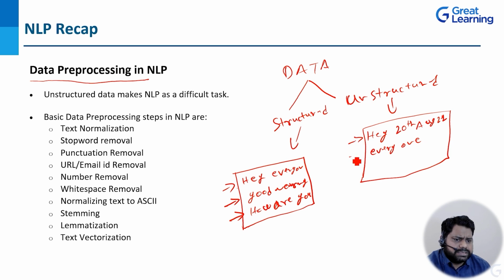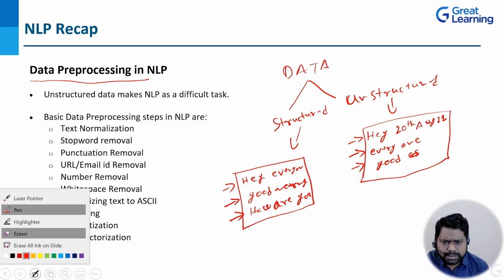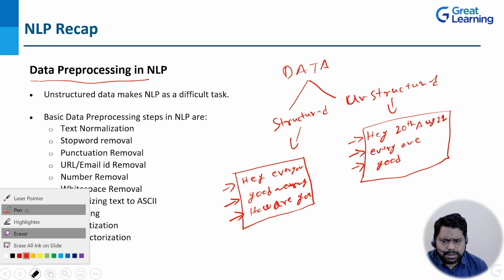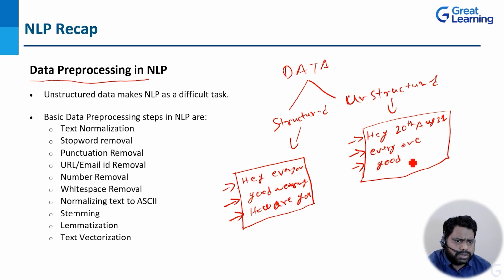So this is one sentence, this is another sentence. Then good, 20 dot dot CST.